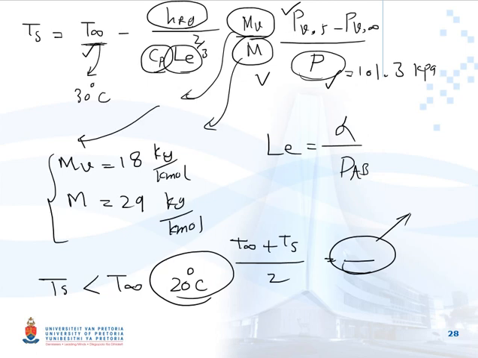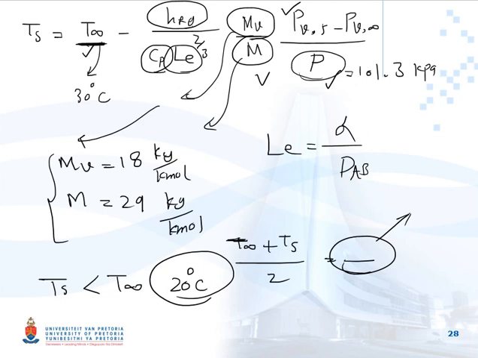Because Ts cannot be higher than T infinity, the temperature of the environment. So we assume Ts is equal to 20. Why? Because we just need the temperature to calculate this, and after that go and read the properties.